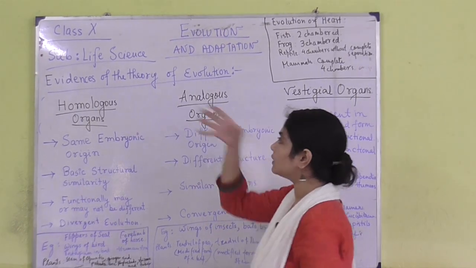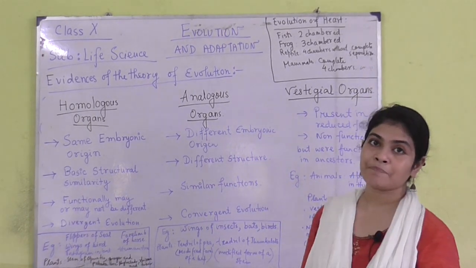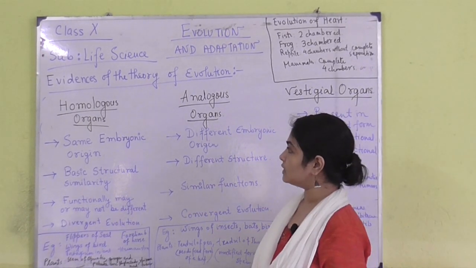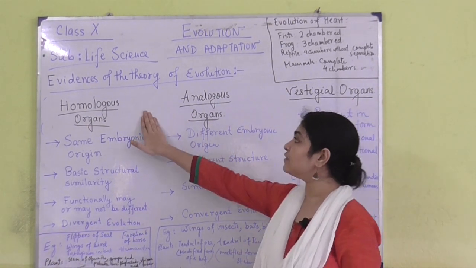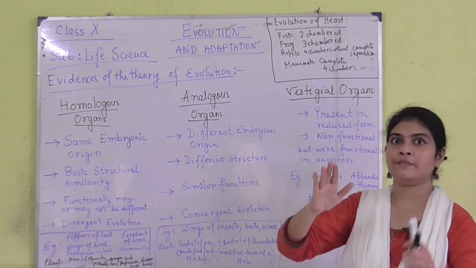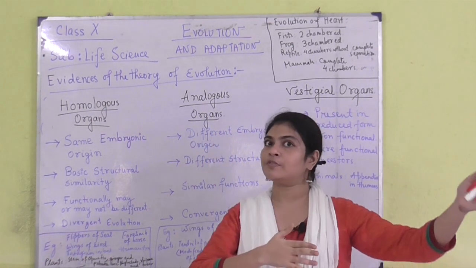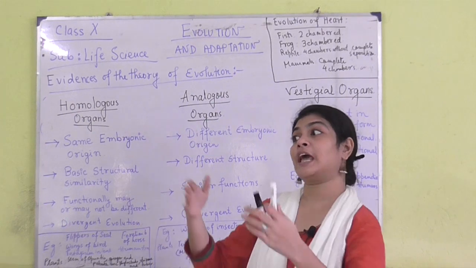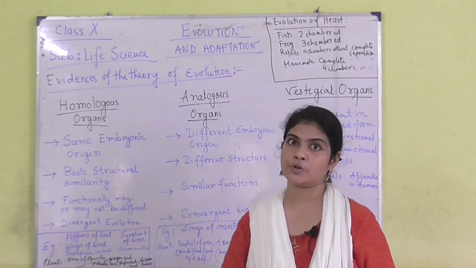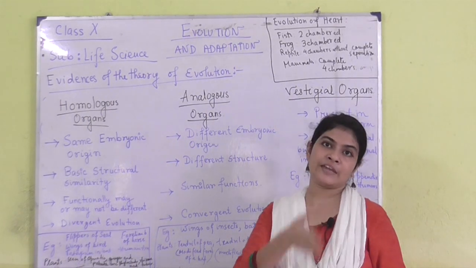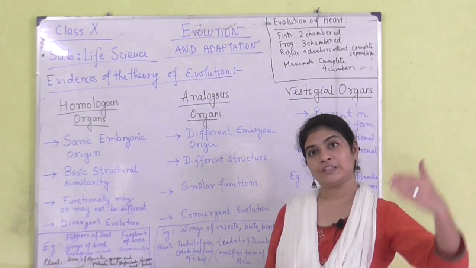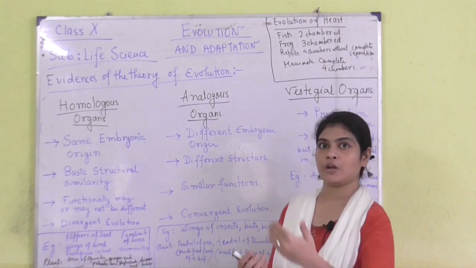The next part of the evidences of the theory of evolution is that we can also learn about the pathway of evolution while observing different types of organs, or when we are comparing the different types of organs of the different types of animals that were once found or that are still found, then we can definitely get certain evidences about the pathway of evolution, about the direction of evolution.